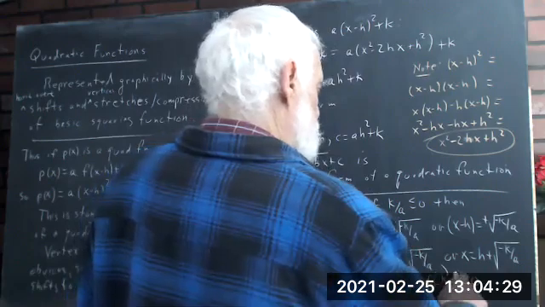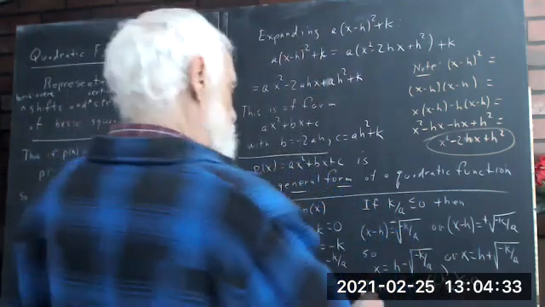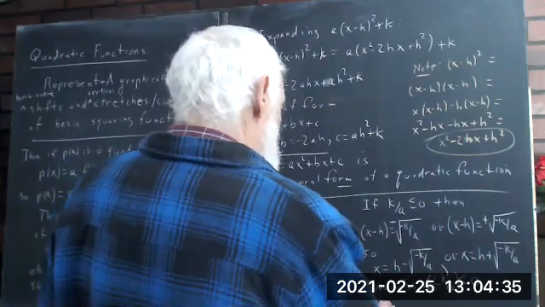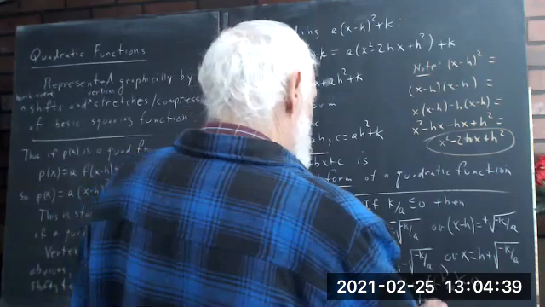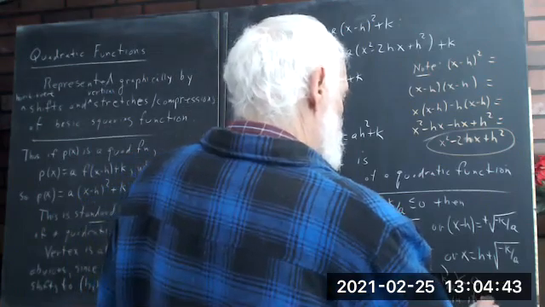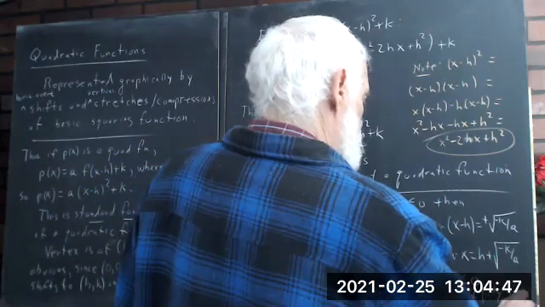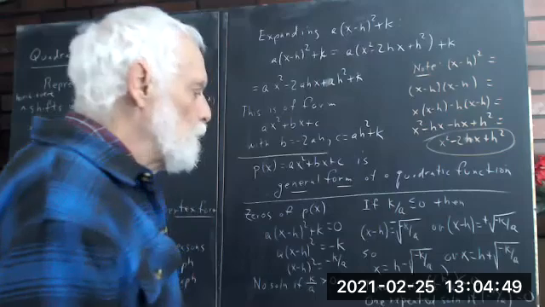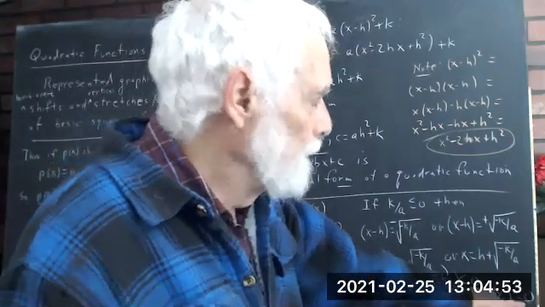Okay, two solutions if negative k over a is greater than 0, and just one solution if negative k over a is equal to 0.